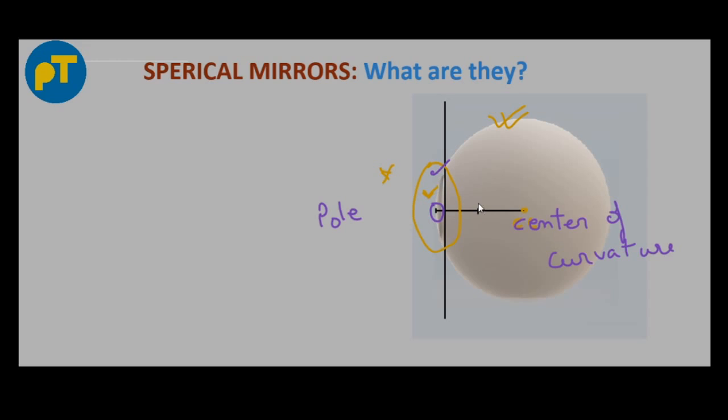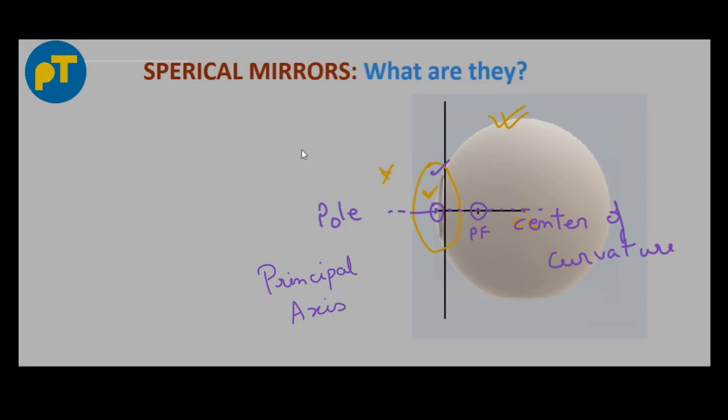The halfway point between them is known as the principal focus, and the line joining these two, the pole and the center of curvature, is called the principal axis.